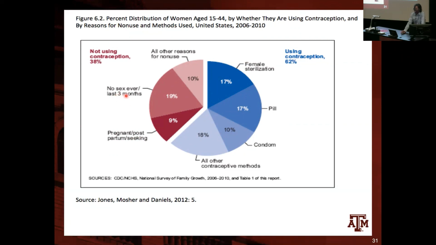They have not had sex in the last 3 months, and all other reasons together, 10%. And within this 10%, you have another smaller share, like the 8% that we saw before, of women who are sexually active, not using contraception, and who do not want to get pregnant, so they are exposed to unintended pregnancy. Right? And female sterilization and pills have the highest percentages.